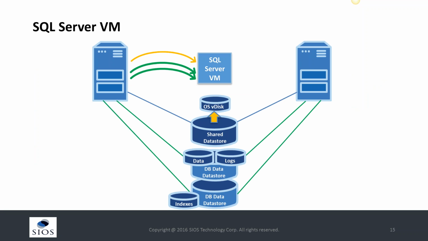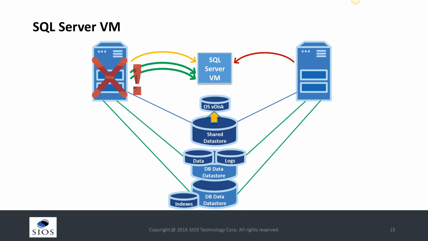So our SQL Server VM, protected by VM level HA, is running on your normal virtualized environment. The virtual disks are spread out on different shared LUNs and are comprised of OS, multiple disks for data, logs, and indexes, and are centrally located so that they are available from all of the hosts in the host level cluster.